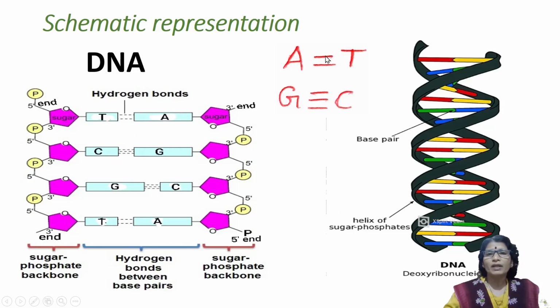Always between adenine and thymine, 2 hydrogen bonds are present. Between guanine and cytosine, 3 hydrogen bonds are present. In this way, by showing antipolarity, by forming the proper hydrogen bonds, by showing 3' end and 5' end and the sugar phosphate backbone, this DNA is always very stable.